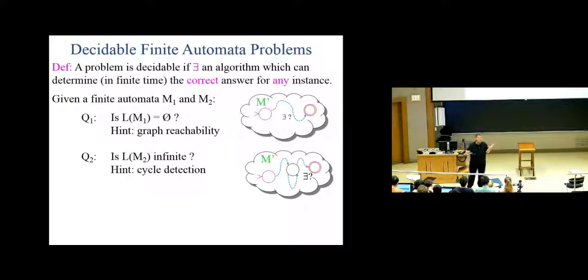Which final state? Any final state. And there's one more condition. The loop must be what? There's something about the loop. It's not just any old loop. Something has got to be true about that loop. It can't be the empty set, in particular the empty string. Because it's not exactly sets, but still the right idea.